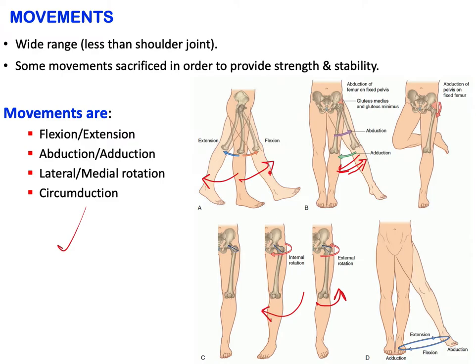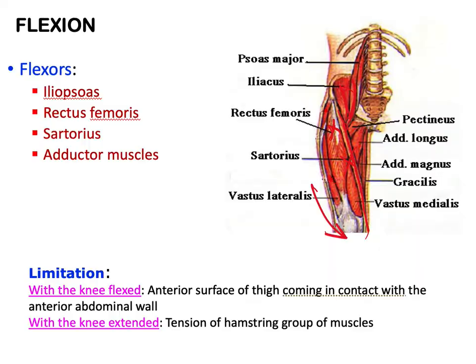For example, in this case, let me erase that. Here you are extending your knee now and you want to do flexion. What limits this is the hamstring muscle from here. They will pull your leg and stabilize it, and it prevents over-flexion, right? So this is the hamstring muscle located here and it limits the flexion. So this is the flexion.